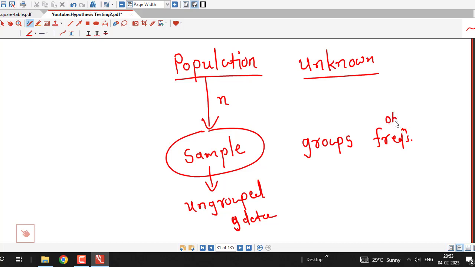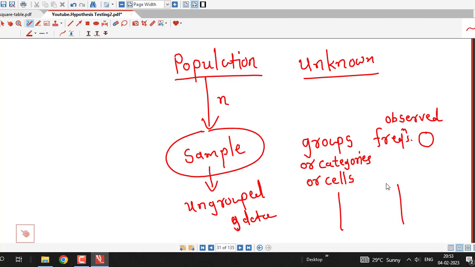These frequencies we call observed frequencies, denoted by capital O. If our variable is a discrete random variable, we will have integer values for these groups or categories or cells or bins.